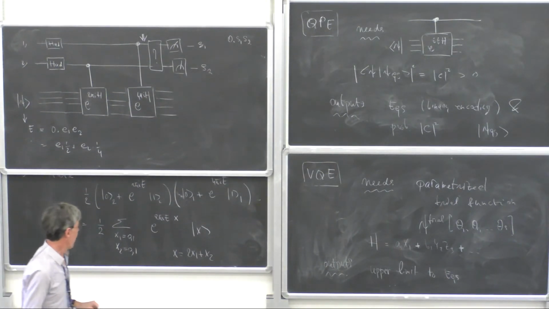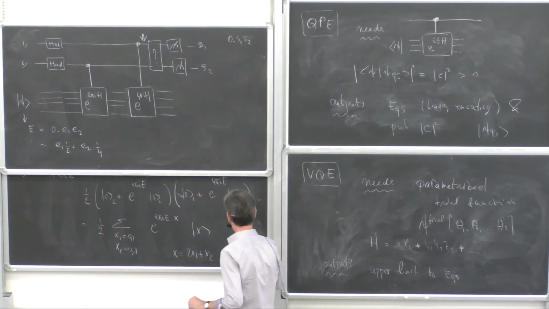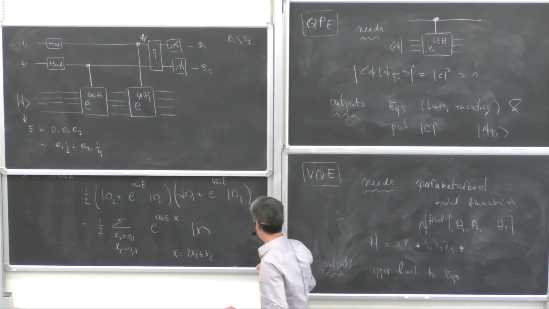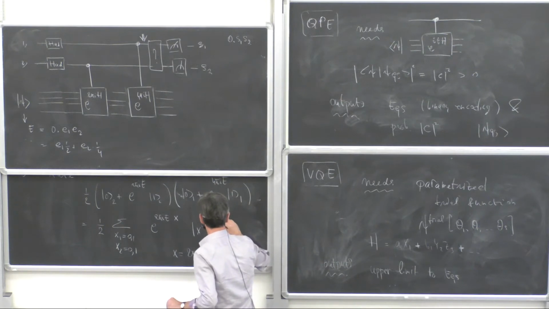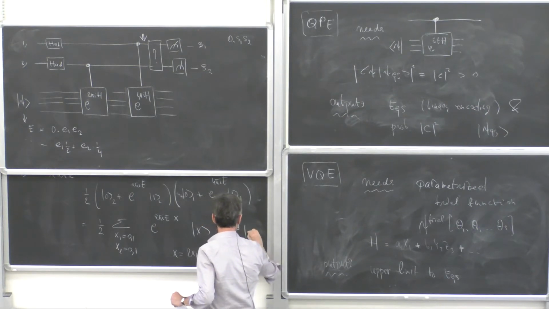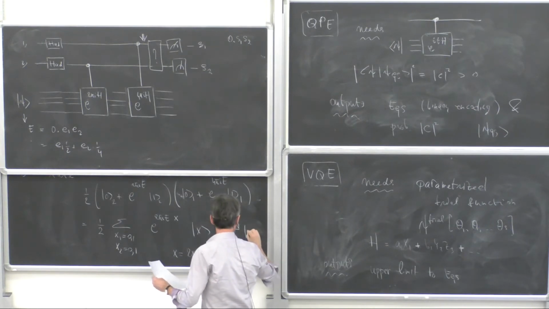Now what I'd like to have is this thing here. Right? So the question box that is still standing there should do the following thing. It should map this intermediate result to, well, this state here, the E1, E2.